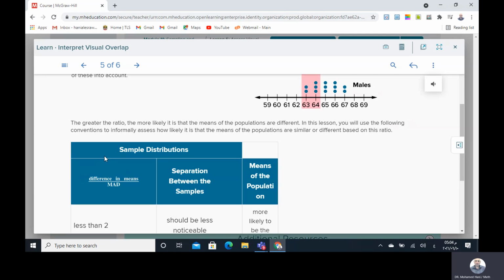Look at this table. The greater the ratio, the more likely it is that the means of the population are different. In this lesson, you will use the following combinations to informally assess how likely it is that the means of the populations are similar or different based on this ratio.